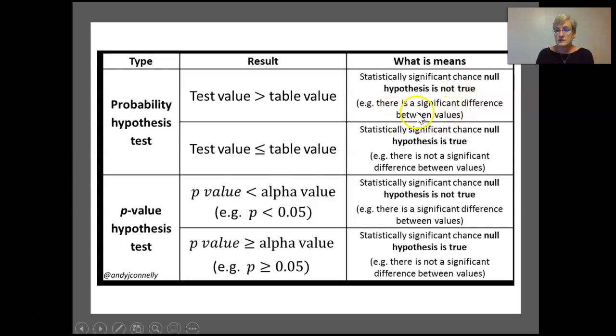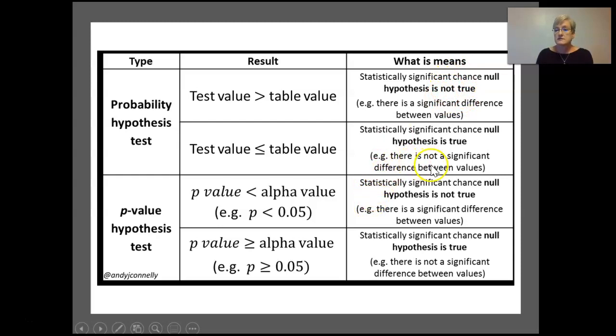That means there's a significant difference between the values. If your test value is less than or equal to the table value, what this means is the null hypothesis is likely true, as opposed to not true.